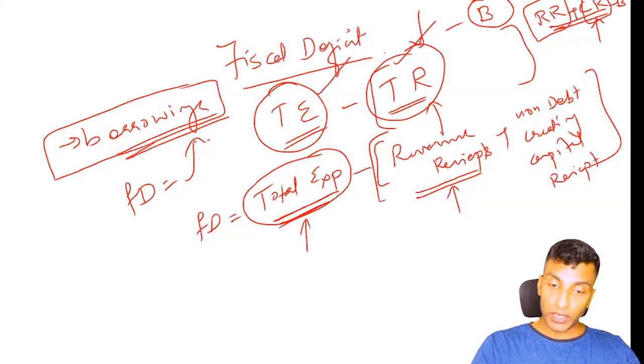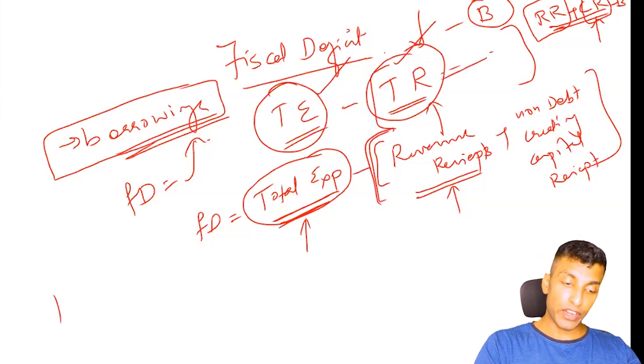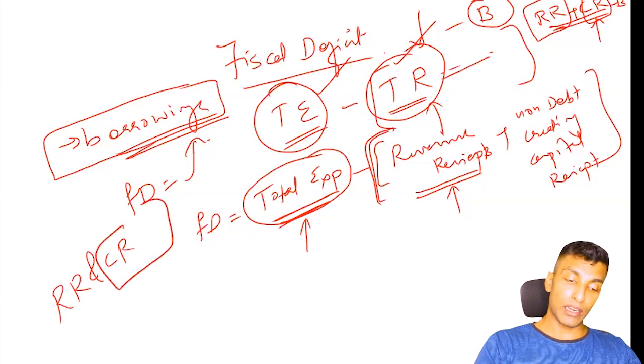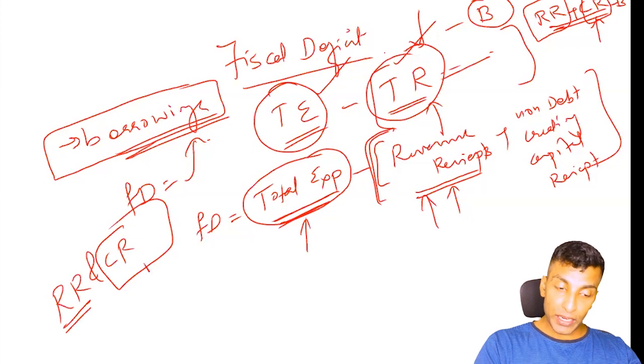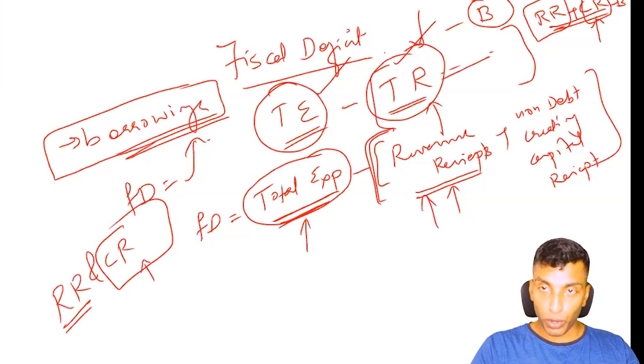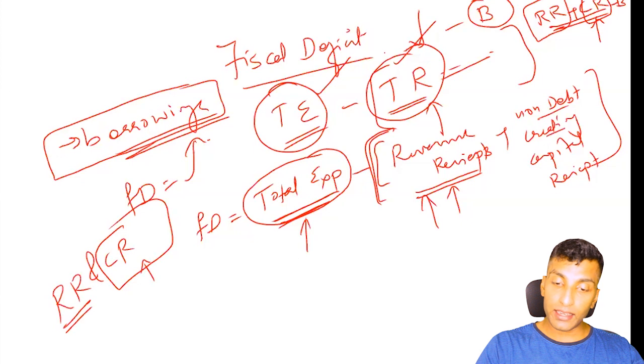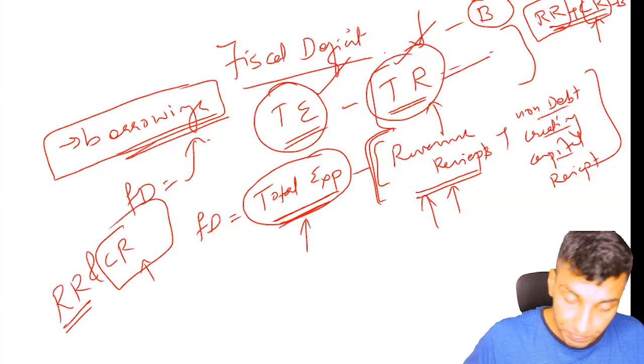Now total receipts minus borrowing is what I need. Total receipt is nothing but revenue receipt and capital receipt. Borrowing will come in capital receipt. So I can write the revenue receipt here, and from capital receipt I need to exclude borrowing. So I can say non-debt creating capital receipt, or I'll show you in this way also.